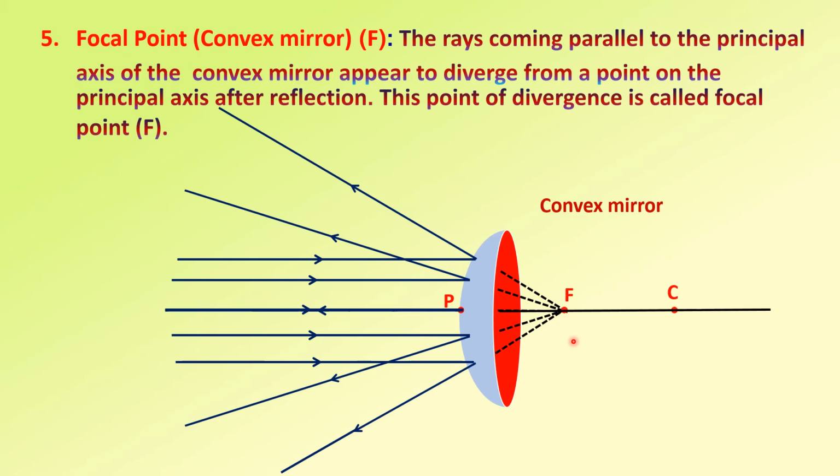And in case of concave mirror, the focal point of the concave mirror is real focal point, and this one is the virtual focal point. Okay. However, the focal point lies in both cases between P and C.